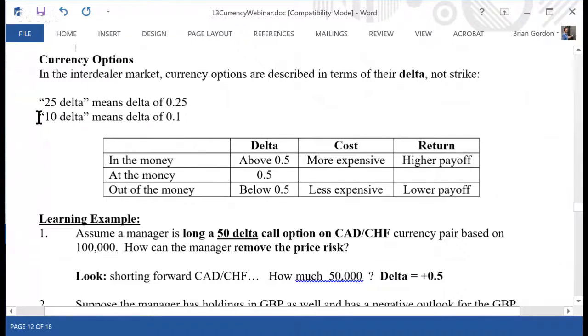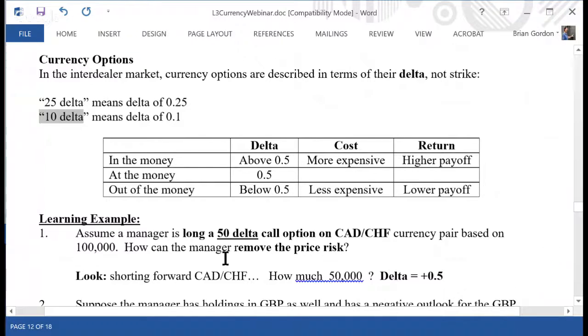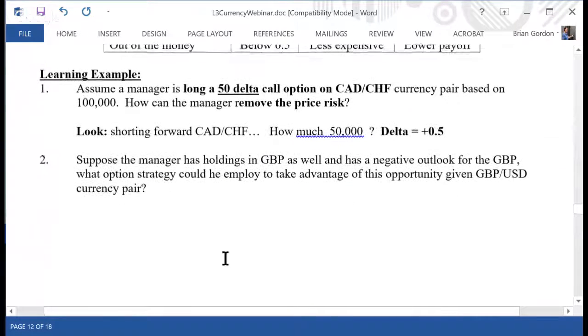So a 10 delta contract would be less expensive than a 25 delta contract. That is the issue. So they might have questions that relate to, if they say cost is an issue, look for the lower delta call or put options to use. Okay, so that's what's critical here.